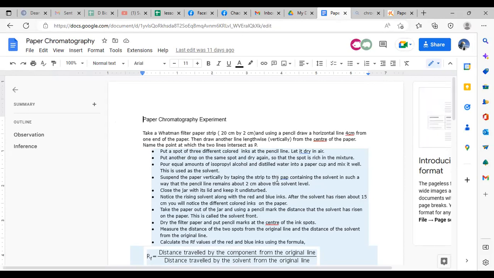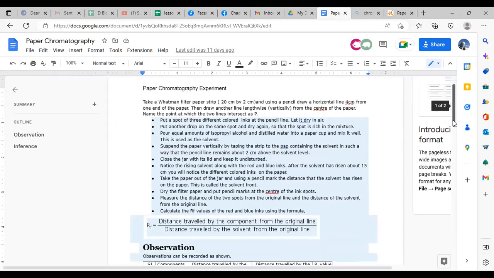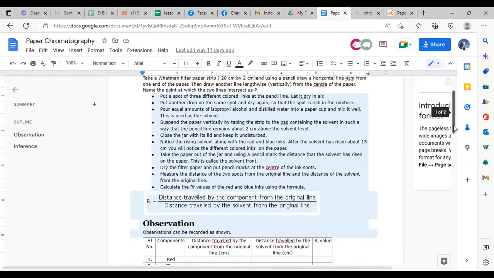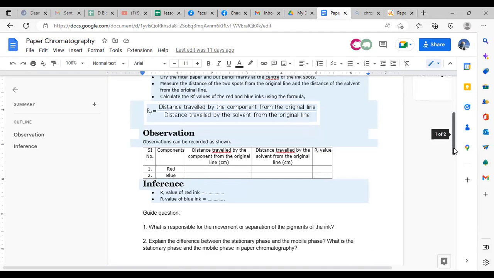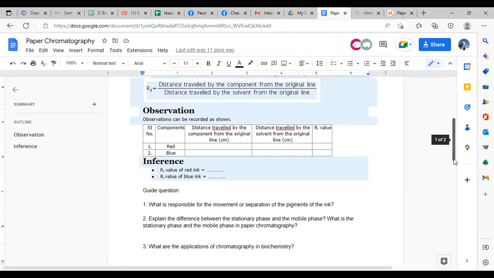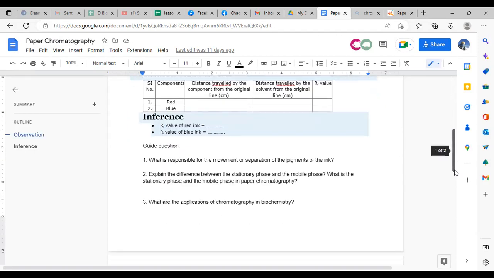Tapos, suspend the paper vertically. Pwedeng jar, pwedeng paper cup. Ganun din yung principle, no? Nakita ko nakasagot naman yung iba sa inyo, so nagets niyo yung principle ng RF value.